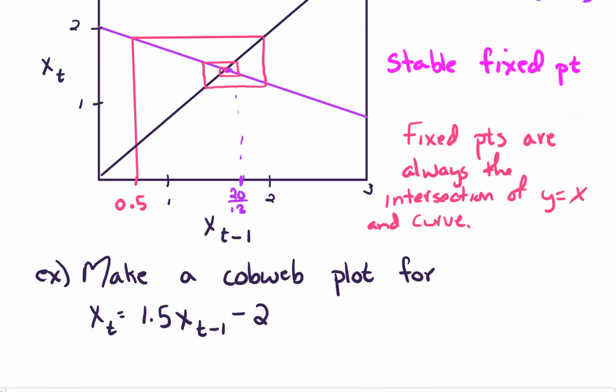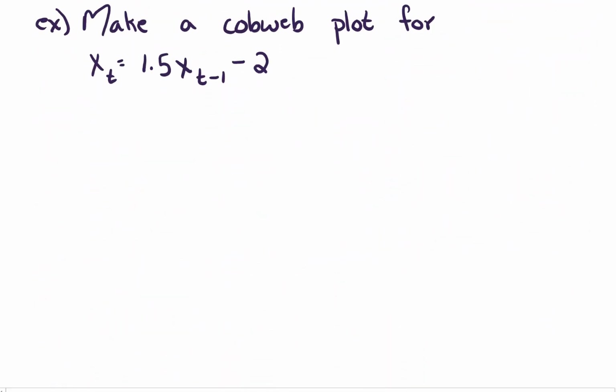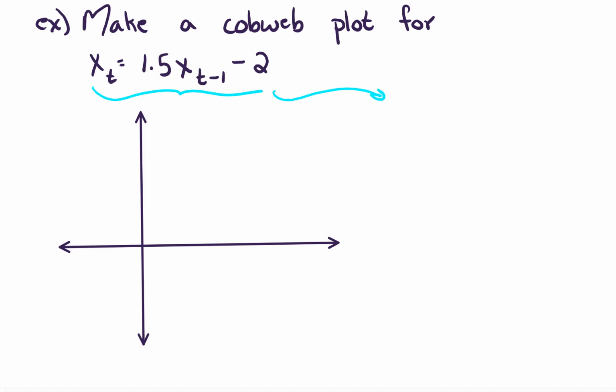Okay, let's do one additional example. Let's make a cobweb plot for x sub t equals 1.5 x sub t minus 1 minus 2. Now, up until this point we've been drawing our cobweb plots in a box, but they need not always be done that way. You could certainly start off in the xy plane, and in this example I'll do that. This curve is essentially like plotting y equals mx plus b where y equals 1.5x minus 2.